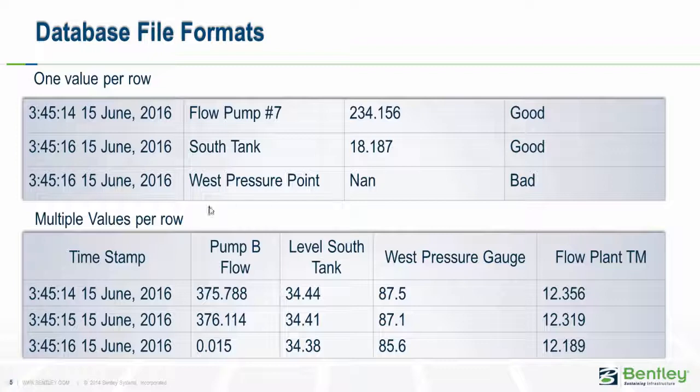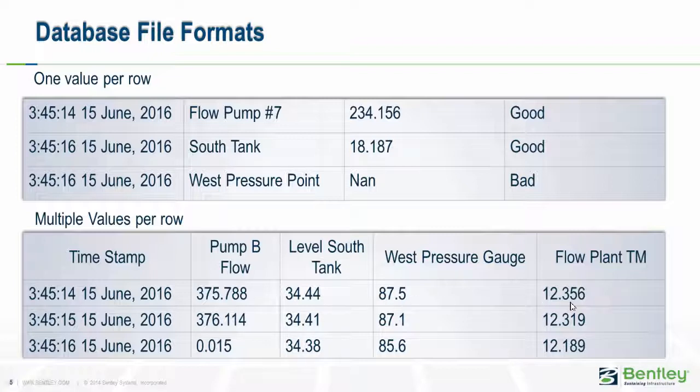The second style we have is multiple values per row. So now the name of the tag, instead of being placed in each row, is put on top of the column. So you still have the timestamp, but now it can have multiple values at a given time. At a given timestamp, you may have the flow rate, tank level, pressure gauges, and the flows.